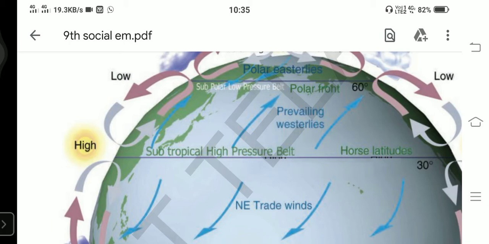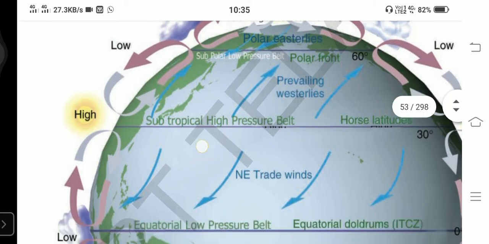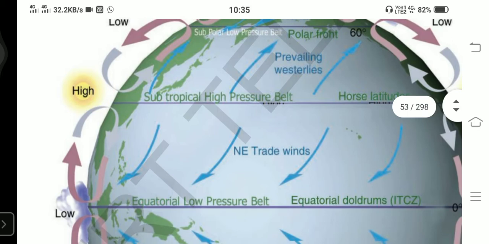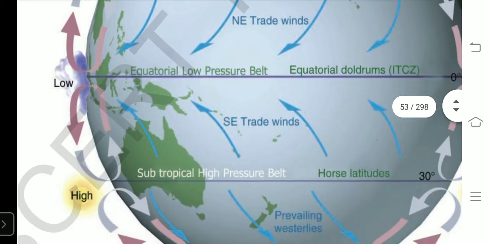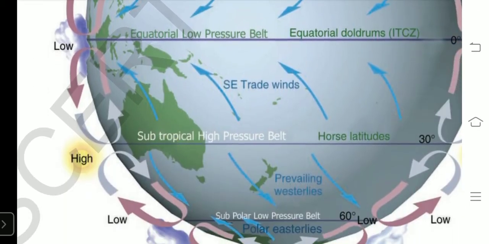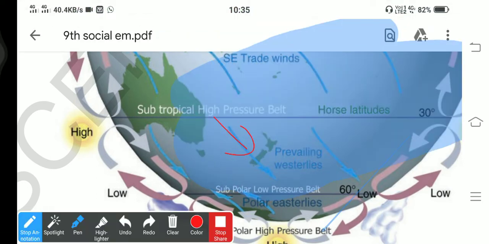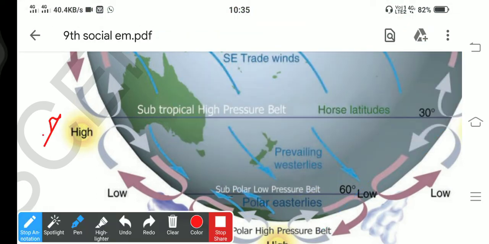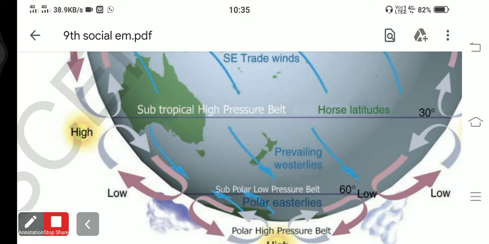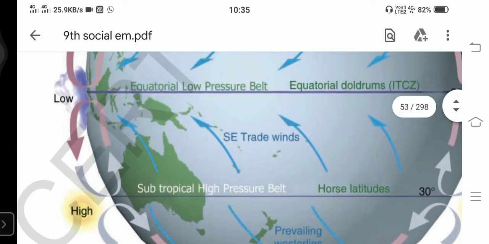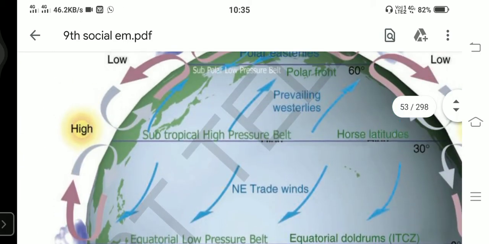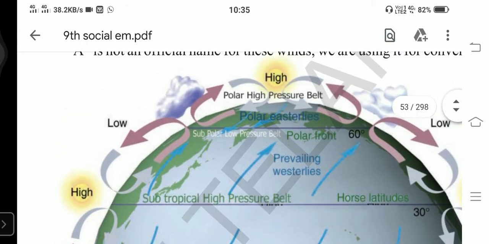They blow from the subtropical high pressure belt to the subpolar low pressure belt in the northern hemisphere, and the same in the southern hemisphere also. These winds blow, and those are called westerlies. And last we see the polar high pressure belt, polar winds.